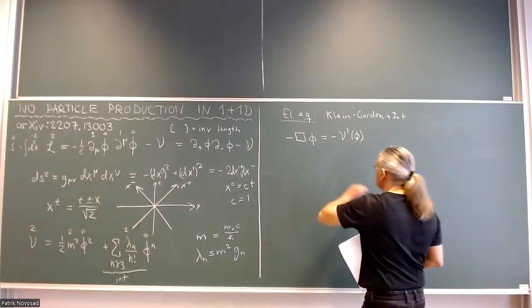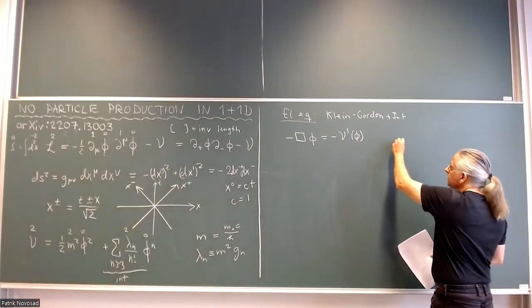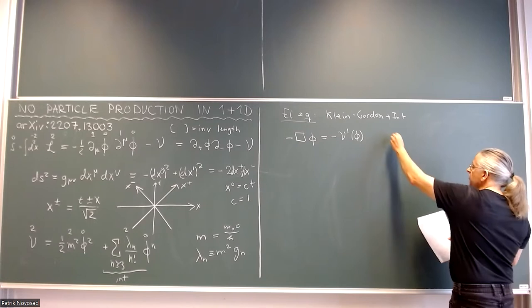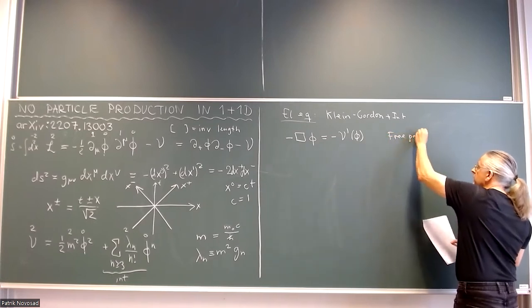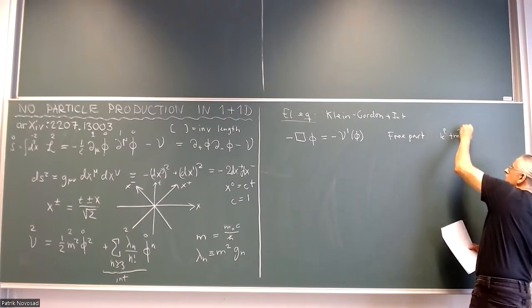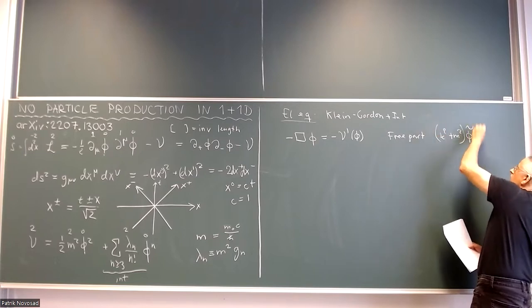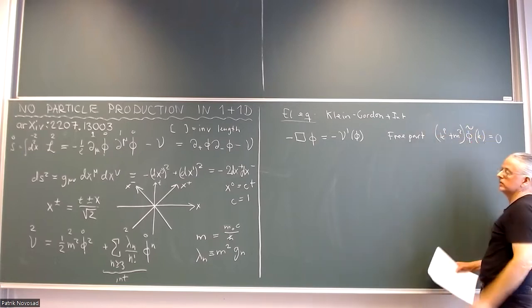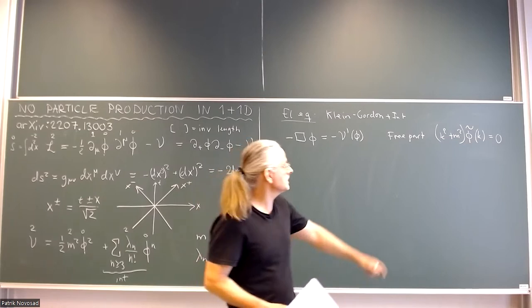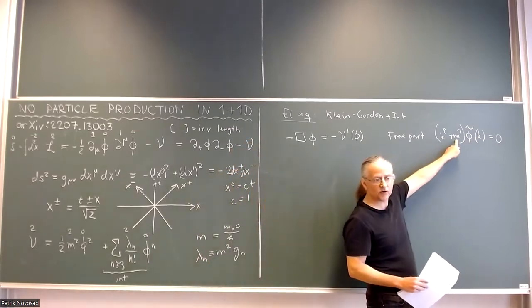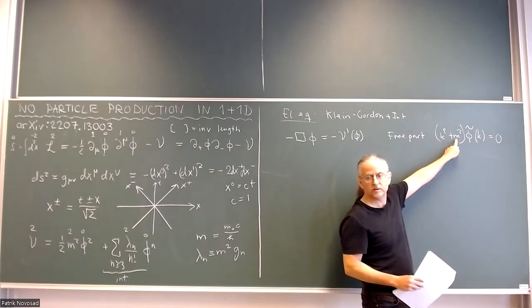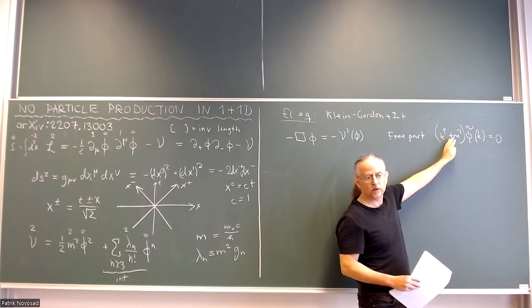So if you look at the free part, and I would like to Fourier transform, then the free part will be k squared plus m squared, Fourier transformed, equal to 0. Does that make sense? So now I have taken the mass term into account, but all the other I have skipped, and then I'm solving this. This is called the free part.